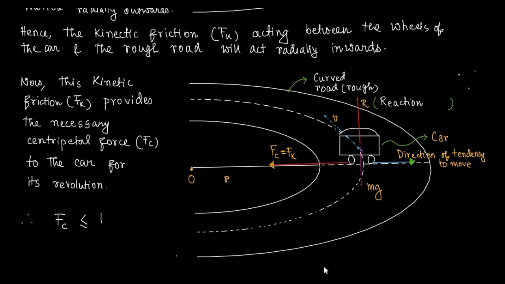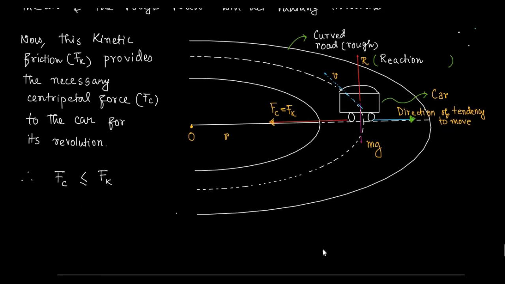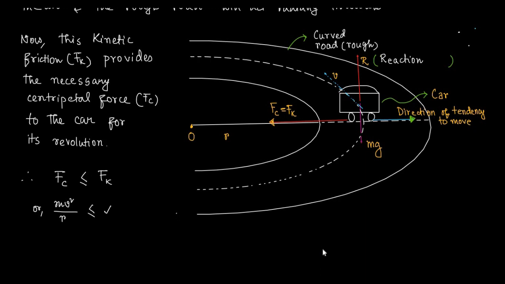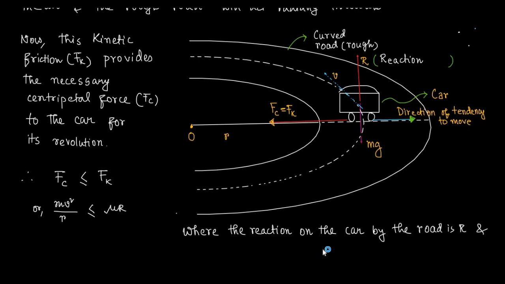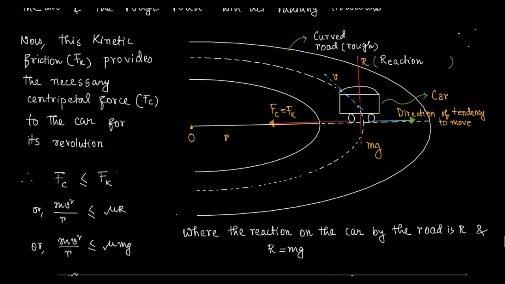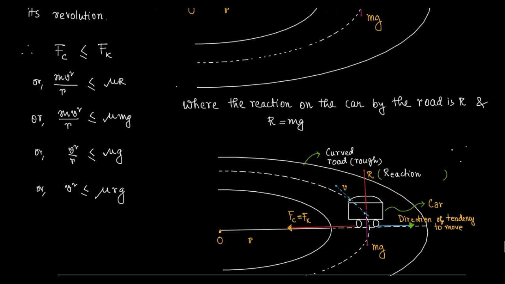Therefore centripetal force will be less than or equal to kinetic friction Fk, or mv square by r is less than or equal to mu R, where kinetic friction Fk is equal to mu R, where the reaction force on the car applied by the road is R, and in this case normal reaction force R is equal to mg.